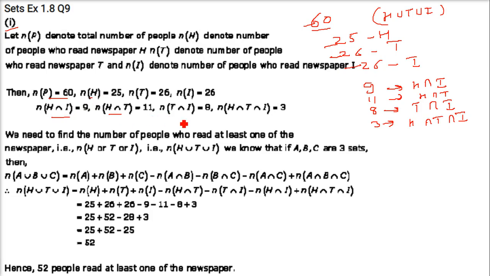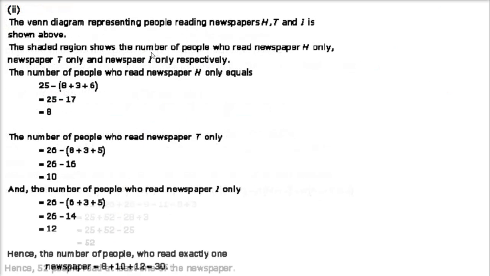This intersection is 9, H intersection T is 11, T intersection I is 8, and H intersection T intersection I is 3. Now let us put it here. We know that n(A union B union C) is n(A) plus n(B) plus n(C) minus n(A intersection B) minus n(B intersection C) minus n(A intersection C), plus the intersection of all three. All these values are known to us. It will directly come as 52. So 52 people read at least one of the newspapers.